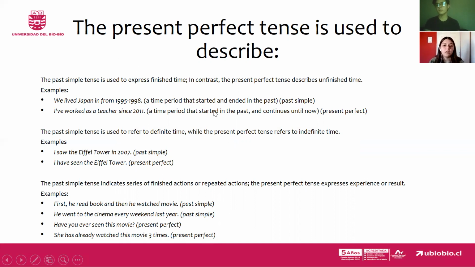So here we can see how the difference and the comparison between the use of the past simple and the present perfect is contrasted, so you can understand in a much better way when we use simple past and when we use present perfect tense. Okay.